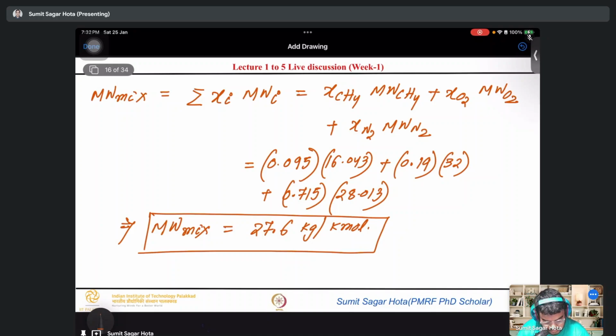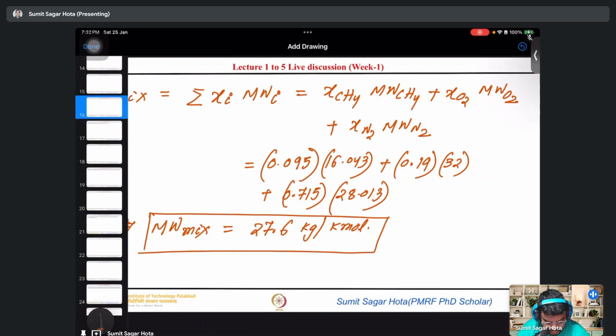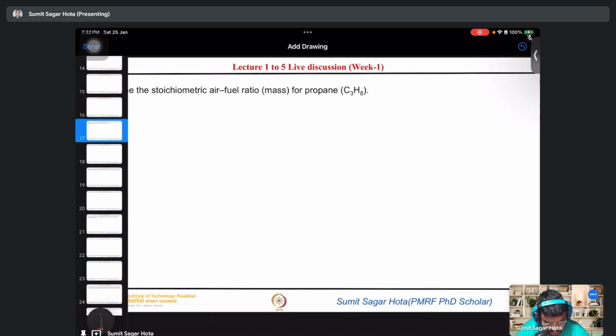Okay. So in a similar way, you can calculate for different species, molecular weight like methane, ethane. Okay, then propane. Okay, if you remember it, then it will be easy in the MCQ questions. Okay.